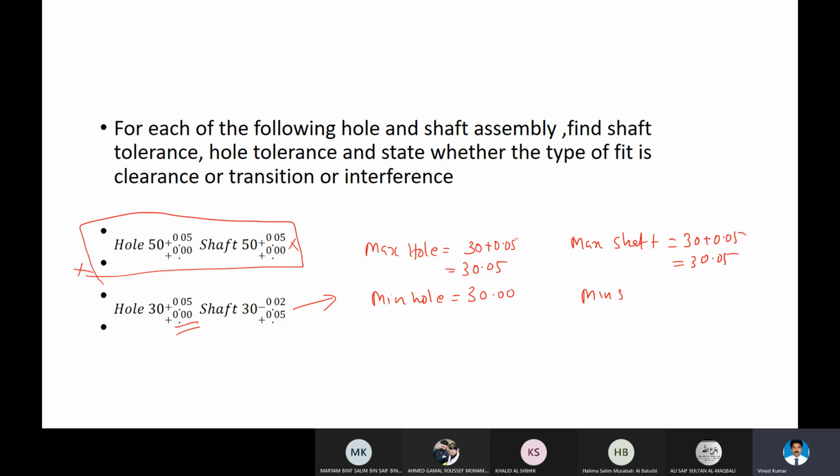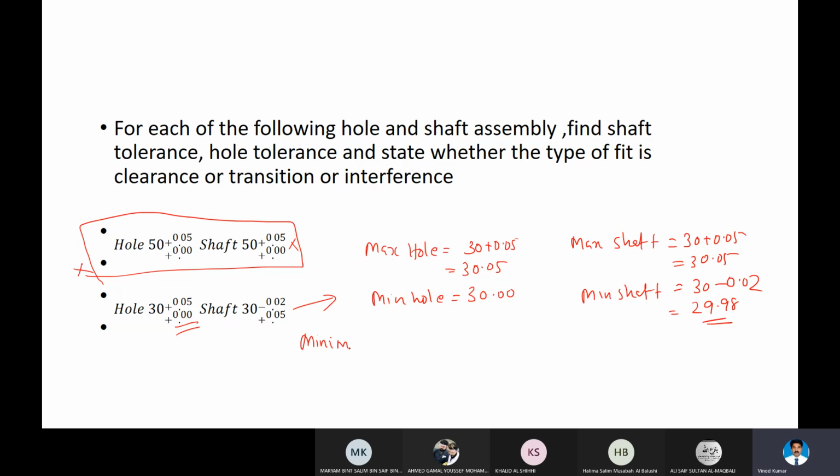Minimum shaft is going to be 30 minus 0.02, which is 29.98. Have you seen it? Any doubt in this? No, doctor. Clear.